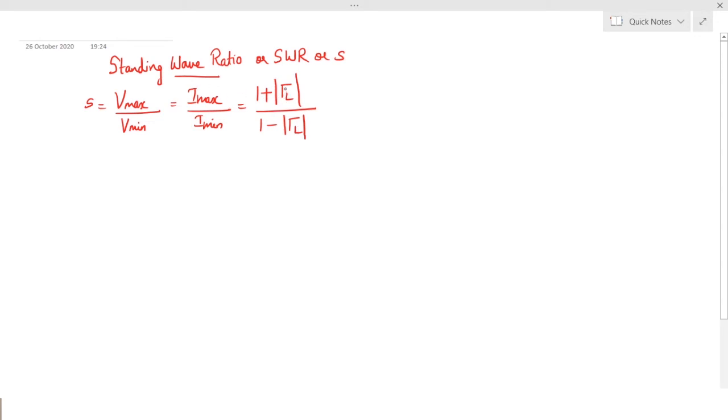And you might be remembering the equation for reflection coefficient we discussed earlier, that is ZL minus Z naught divided by ZL plus Z naught. So this is the equation for reflection coefficient, and the equation for standing wave ratio S is 1 plus modulus of reflection coefficient divided by 1 minus modulus of reflection coefficient.